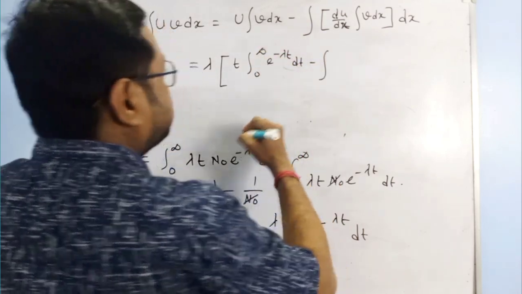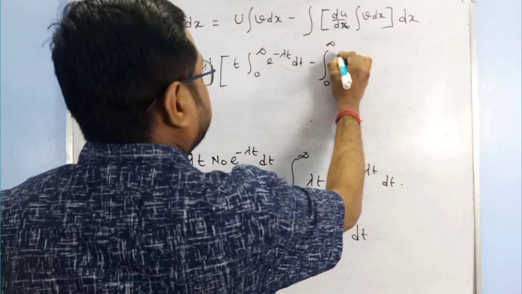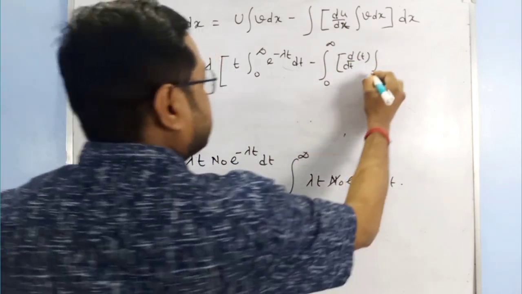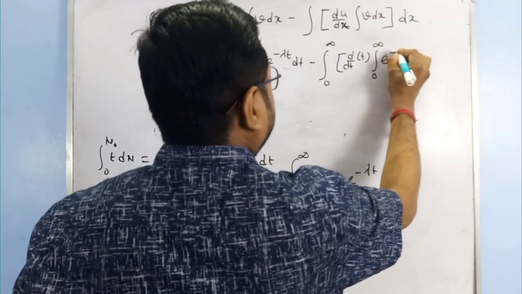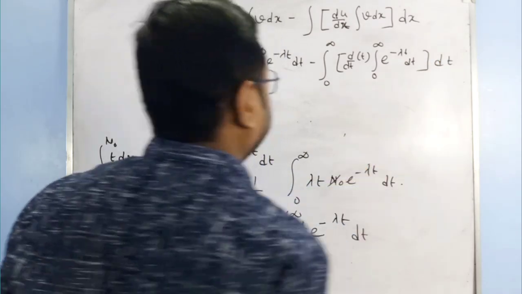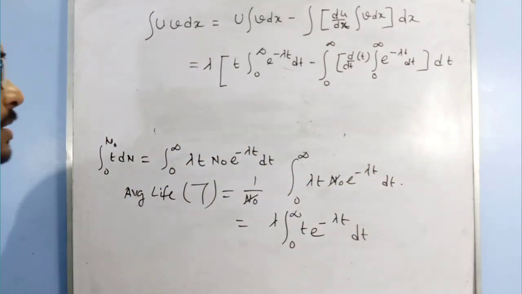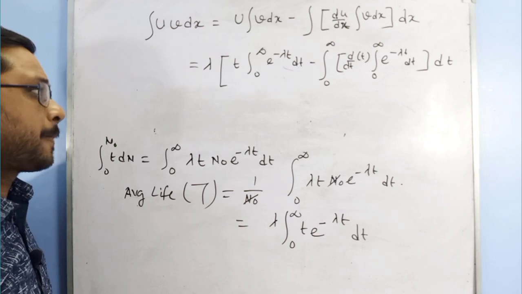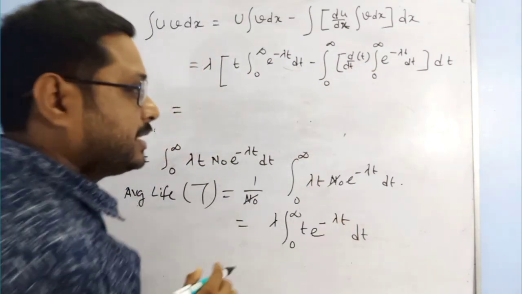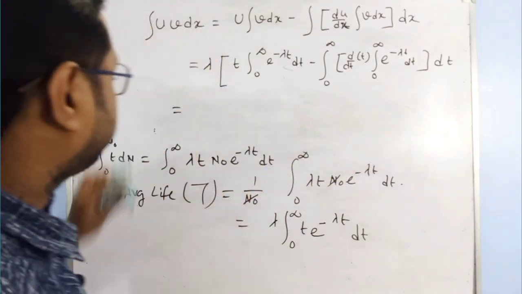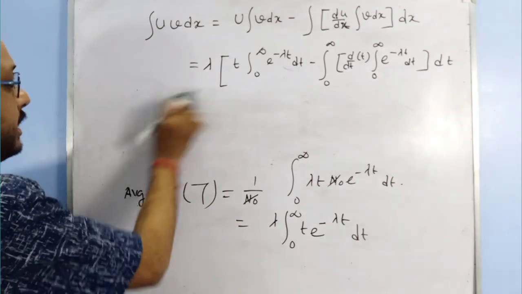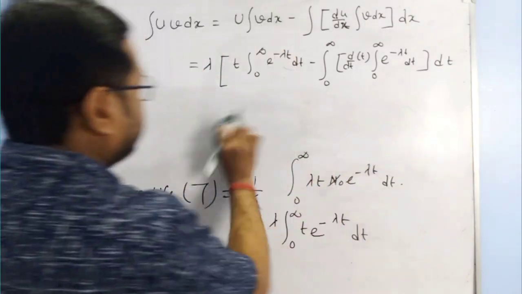If we put this formula, we get lambda outside the integral, and keeping t fixed, integrate e to the power minus lambda t dt from 0 to infinity, then the integral from 0 to infinity of d/dt of t, again times the integral of e to the power minus lambda t dt, and the whole integration dt. Before writing, first understand, then write. Then it will be easy to solve in the examination. Do not write it so quickly if you don't understand.